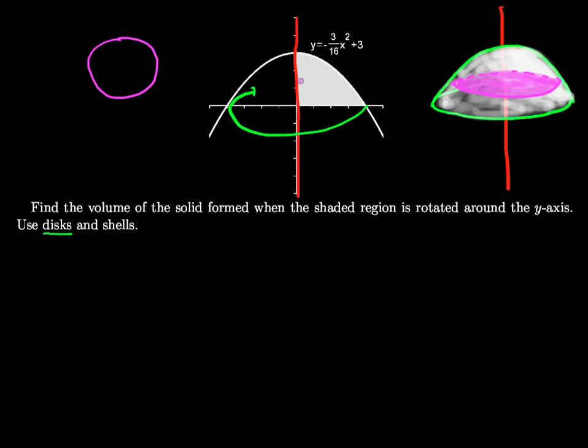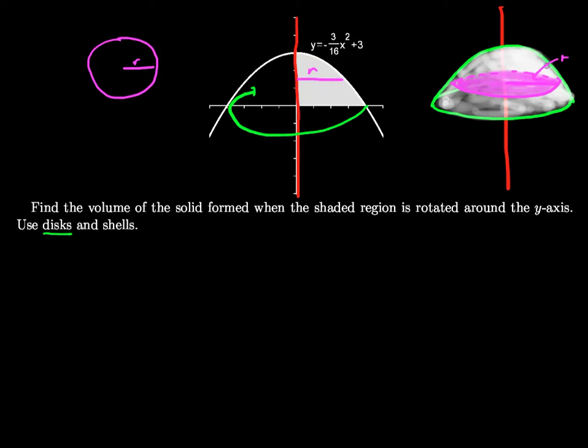And here's the important piece. In order to find the volume, I need to find the radius of this circle. I'll call it R. But here's the big problem.